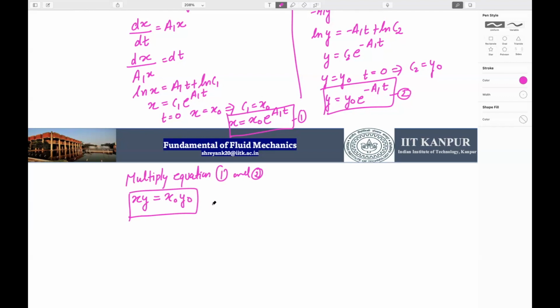Now we can get x naught y naught because we know what x naught y naught is. So x naught is 2 and y naught is 8.